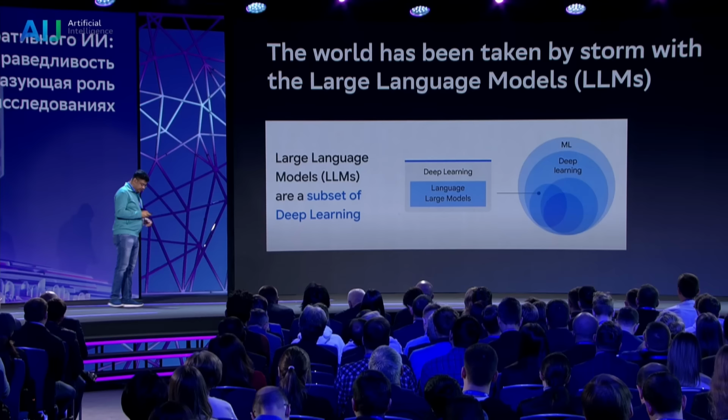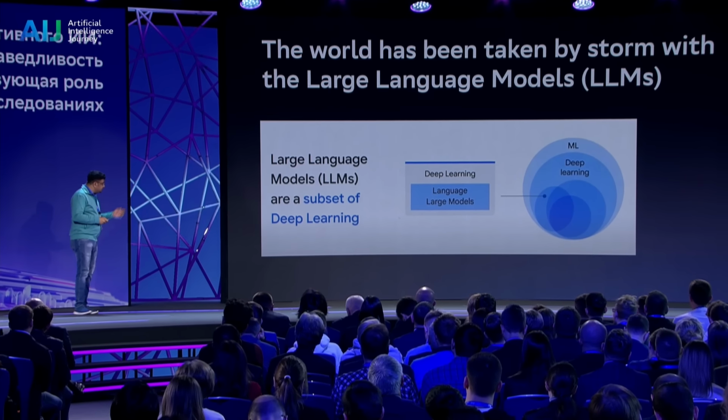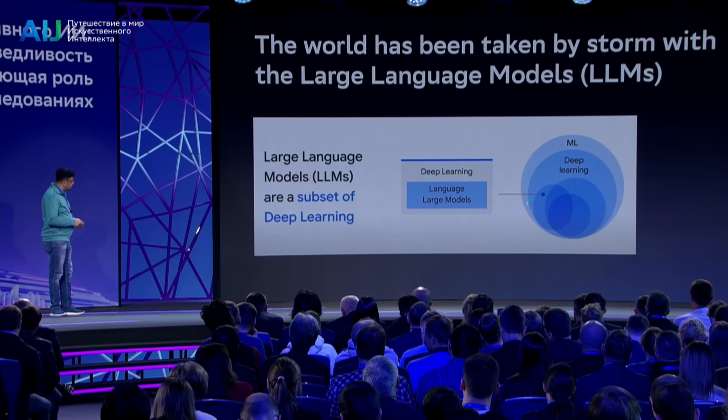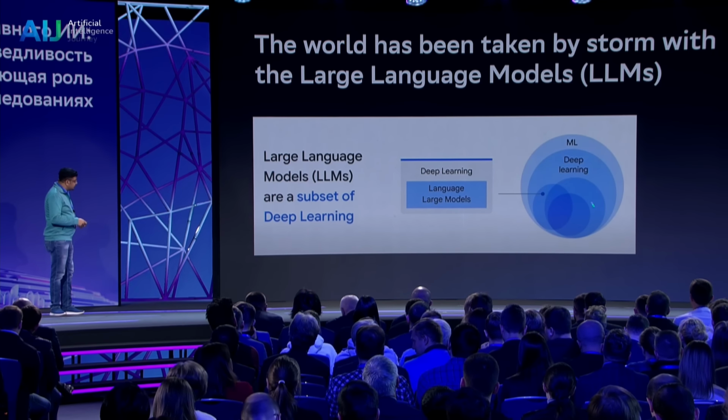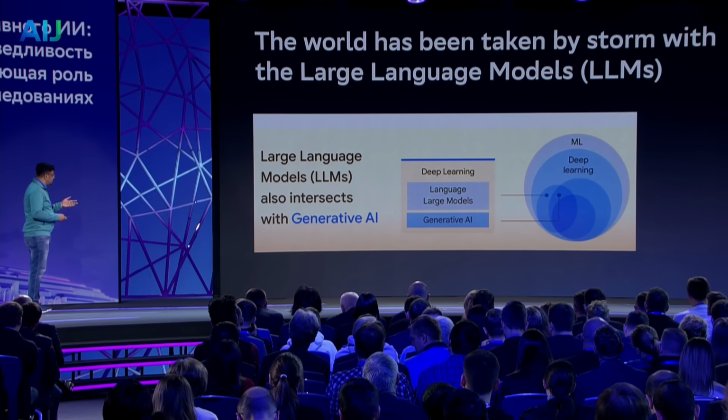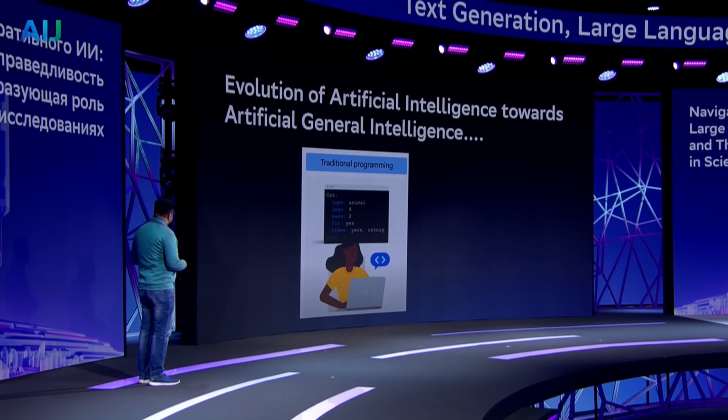Under that, machine learning. Under that, a subset is deep learning. And within deep learning, we now have large language models that intersect with the generative AI part as well, and that gives rise to our baby steps towards artificial general intelligence.